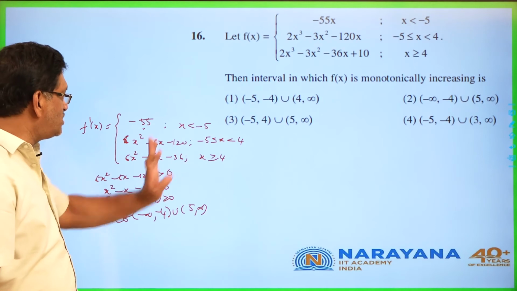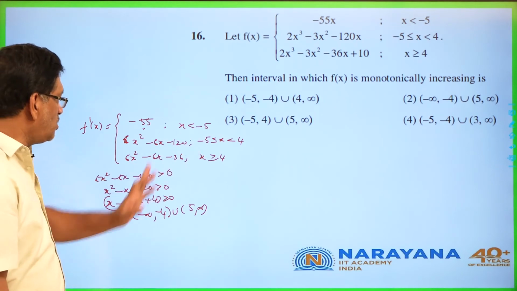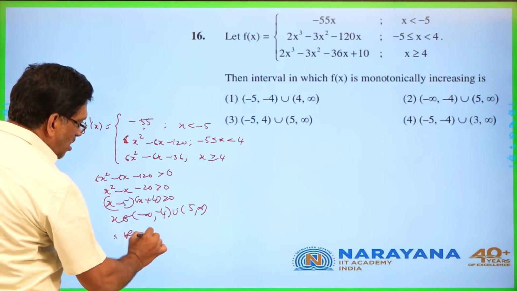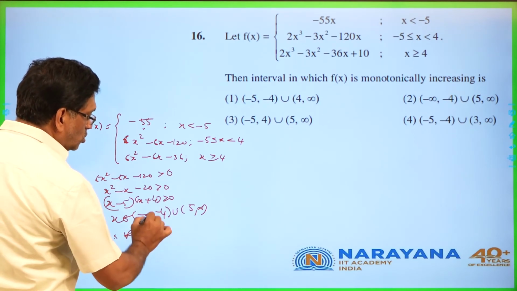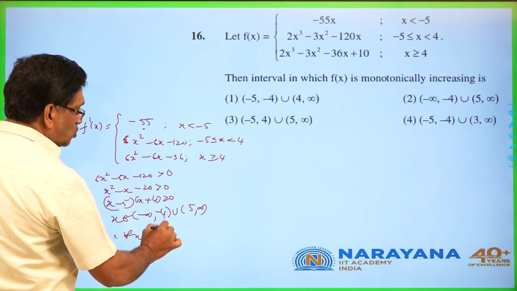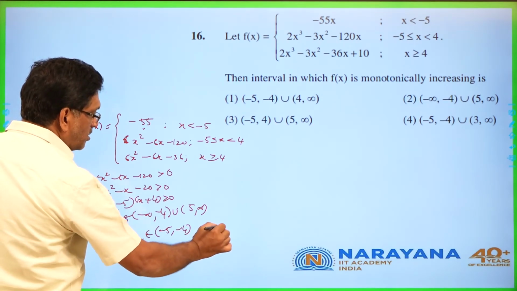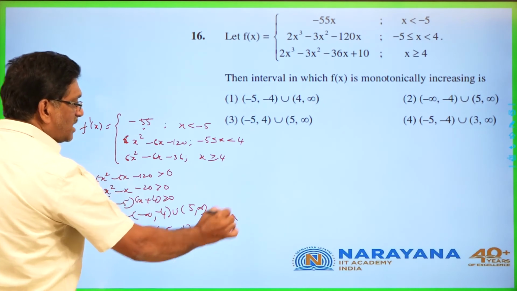It should be within this interval, within minus 5 to 4 only. So therefore, for all x belongs to minus 5 to minus 4, f of x is increasing.